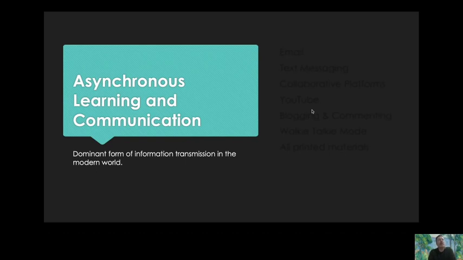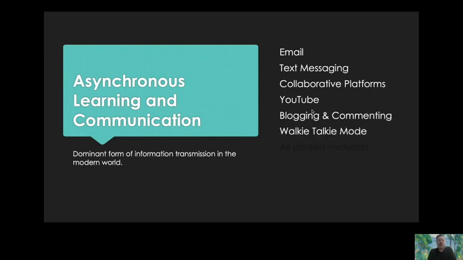The more technologies that we've developed historically, the more different forms of asynchronous communication: everything from printed paper to non-live television, email, text messaging, all kinds of collaborative platforms out there, videos on YouTube, blogging and commenting, walkie-talkie mode on your mobile phone, and pretty much all printed materials ever produced are asynchronous. Of course, print material takes a little longer to distribute than an email, but that's not such a bad thing.